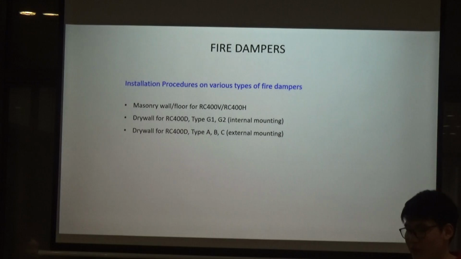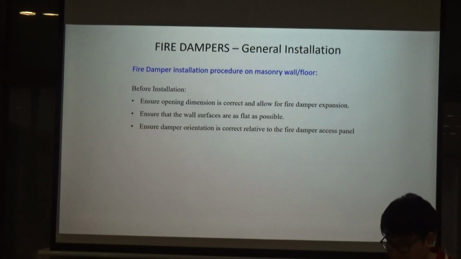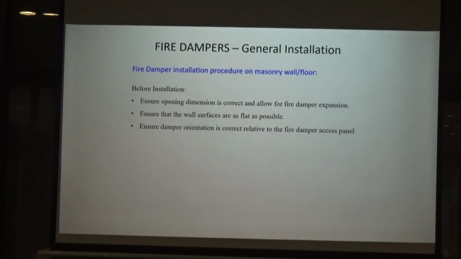For masonry wall, floor and drywall we have 2 methods. For fire damper installation on masonry wall and floor, before installation we have to make sure of several things. The first is to ensure the opening dimension is correct, big enough to allow for fire damper expansion.